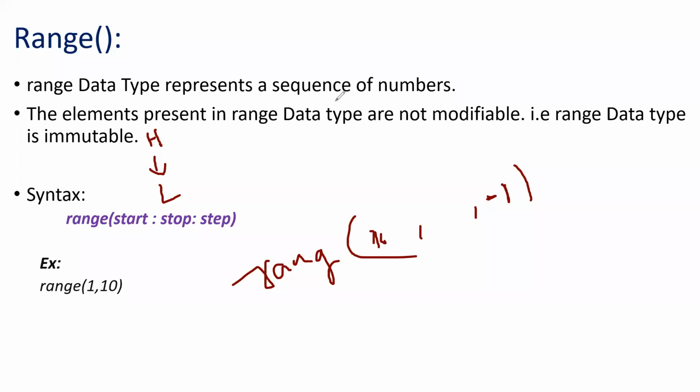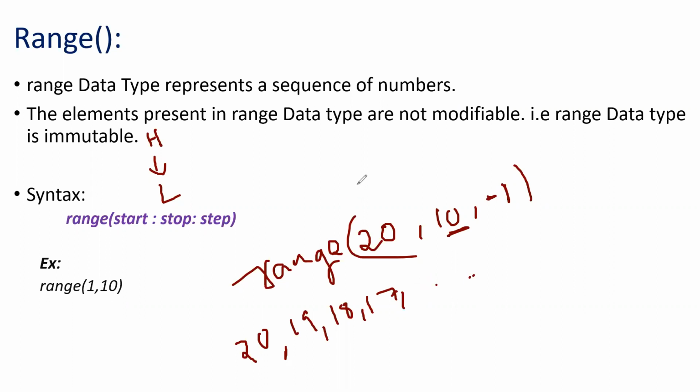Let me take an example, 20 and up to 10. I want decrement values, right? So how does Python work? It simply takes 20, 20 minus 1 is 19, 19 minus 1 is 18, 18 minus 1 is 17, and so on.